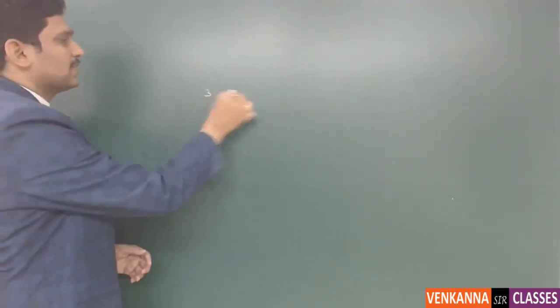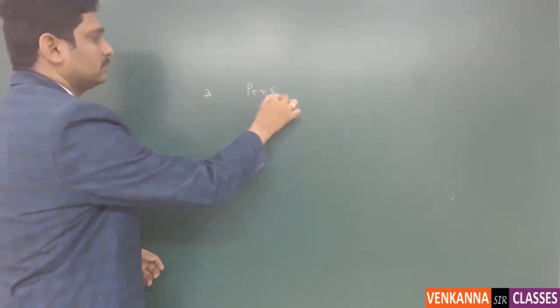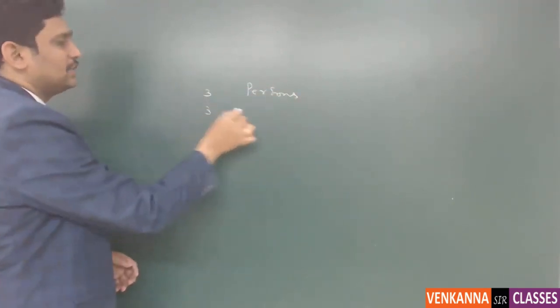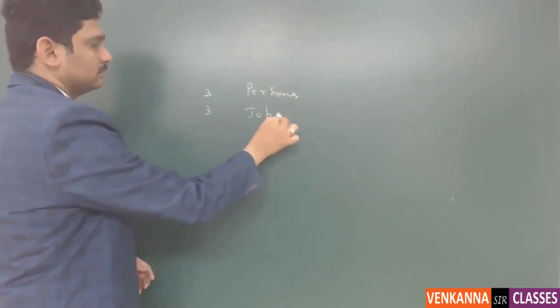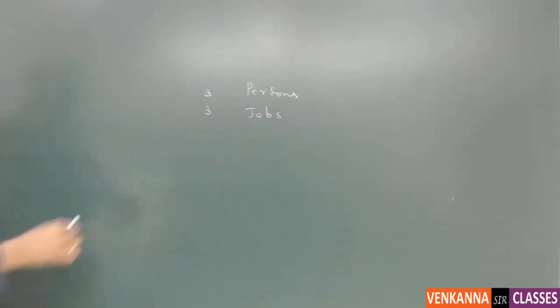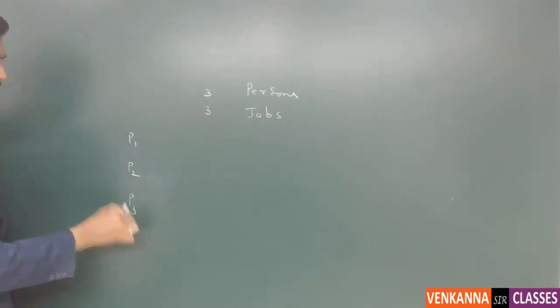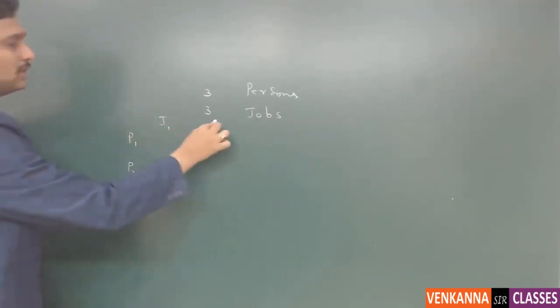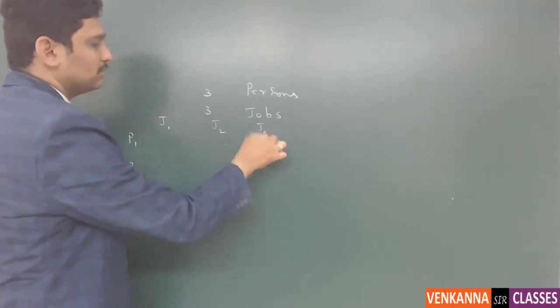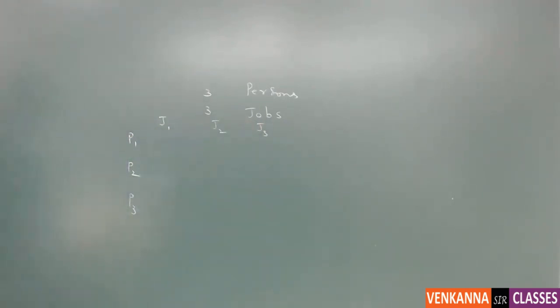Let us take a simple example. Suppose I have 3 persons and 3 jobs: person 1, person 2, person 3, and job 1, job 2, job 3. I know the time in which each person is going to finish each job.